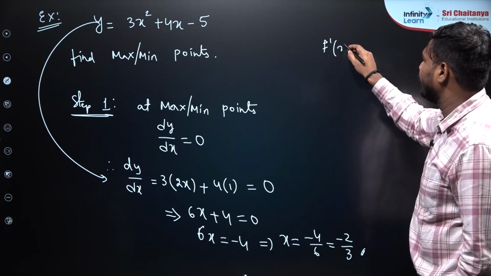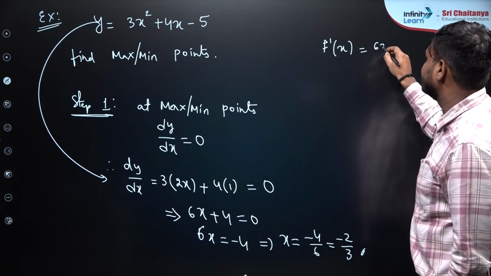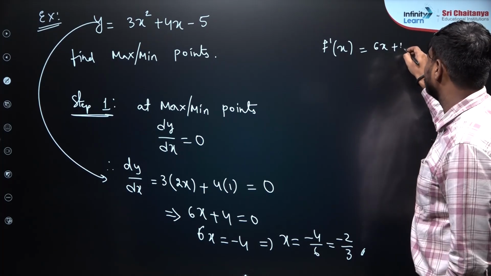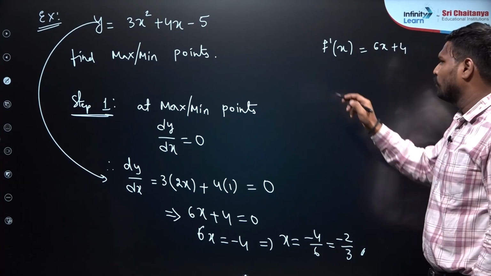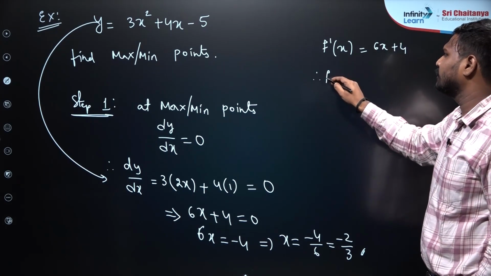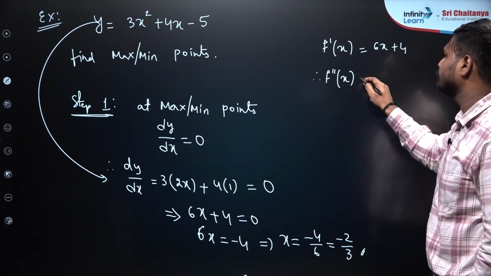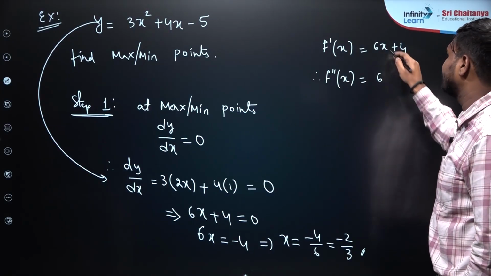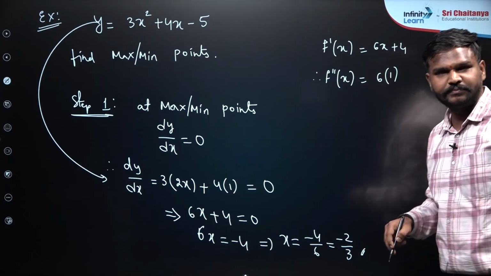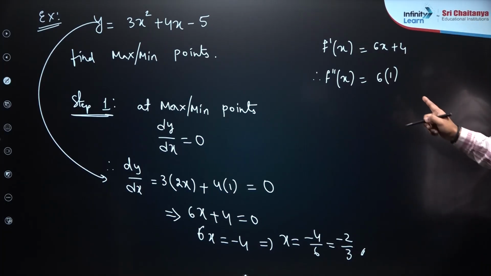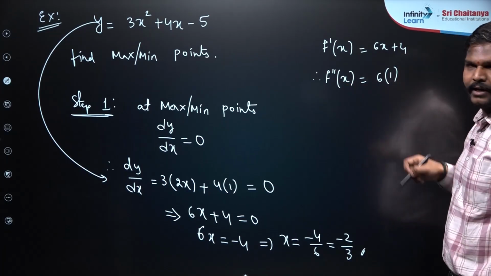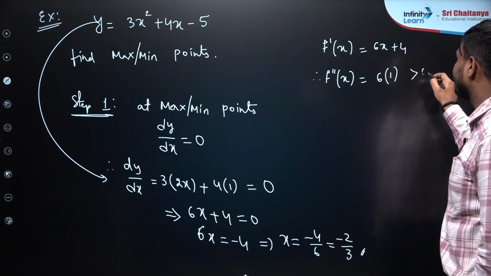F dash of x is 6x plus 4. Now perform second derivative, sir. Differentiate it again. 6 outside, derivative of x is 1. Correct? So now second derivative less than 0 or greater than 0, we have got here greater than 0.